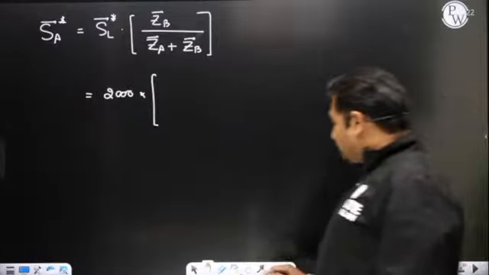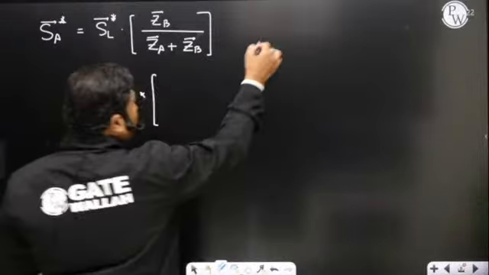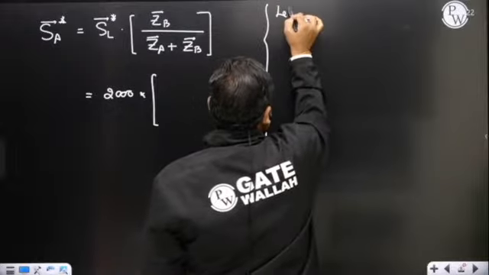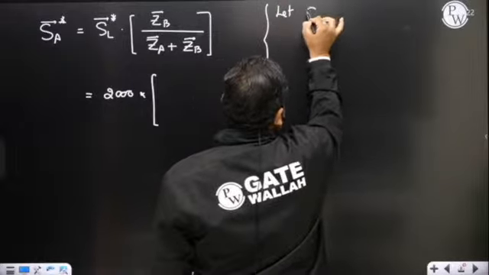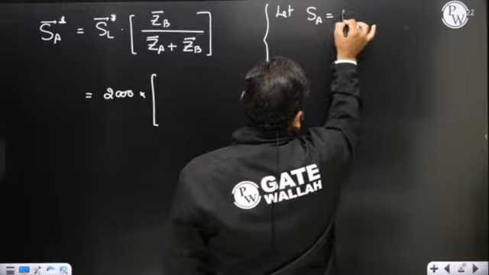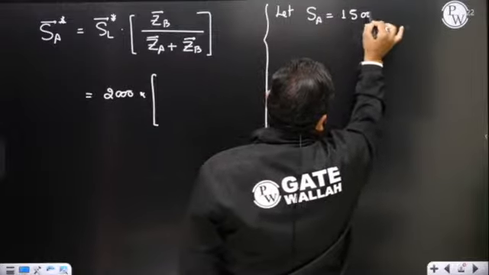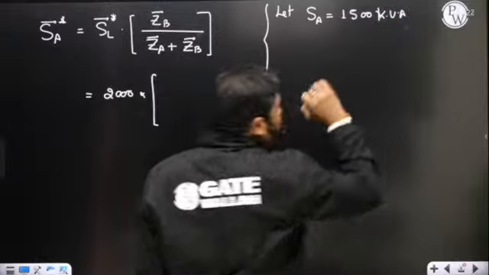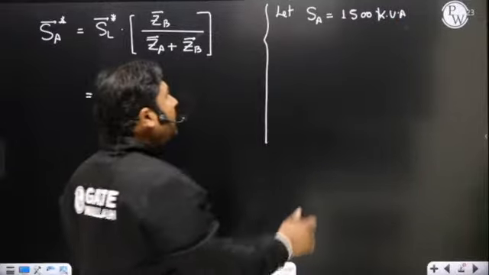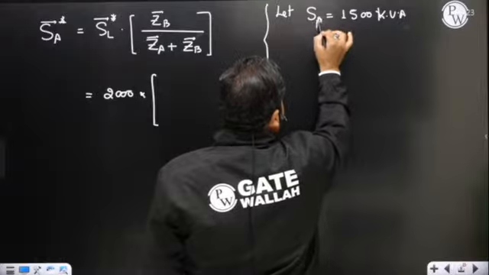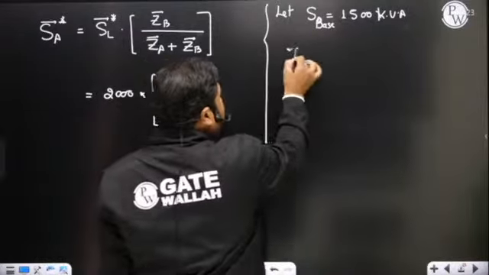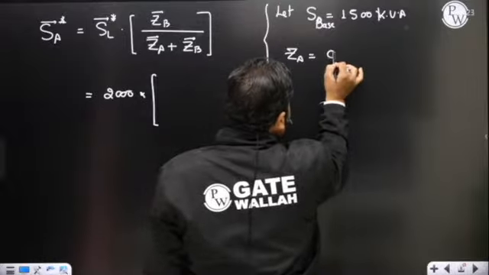First I am interested in finding the common base. You can take any transformer KVA rating as the base KVA. Both transformers have the same voltage rating, so we need not care about voltage, I am just taking KVA. So let the base KVA be 1500 KVA. ZA will remain ZA; we need not calculate ZA again.